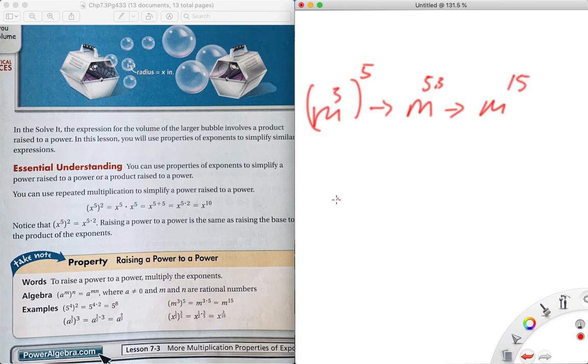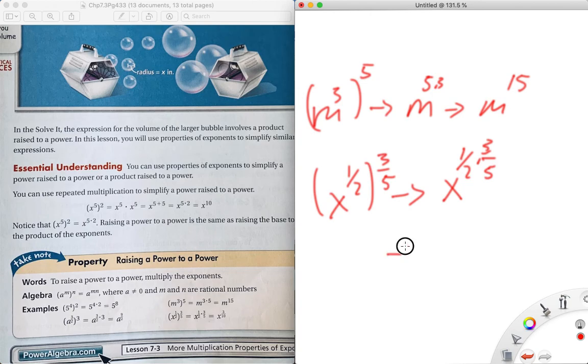They also give us x to the 1/2 raised to the 3/5 power, which is x to the 1/2 times 3/5, which is x to the 3/10.